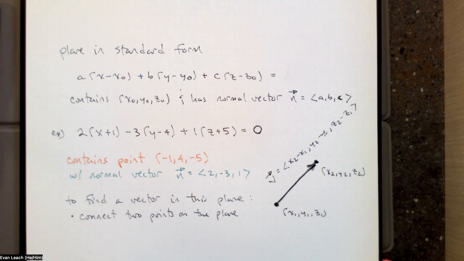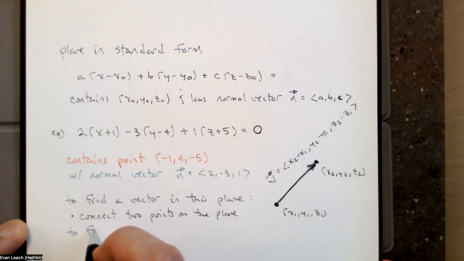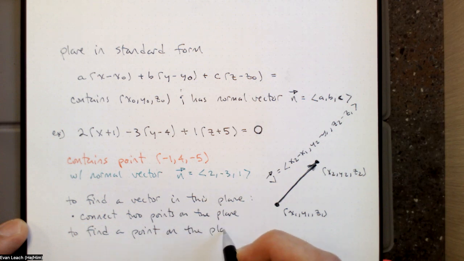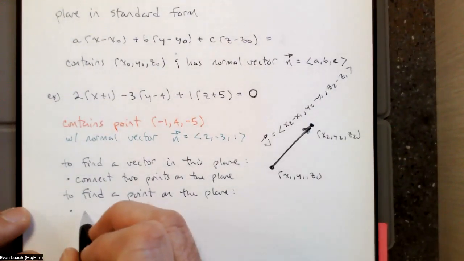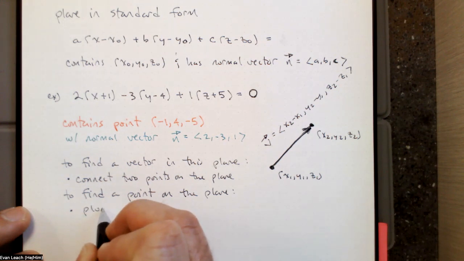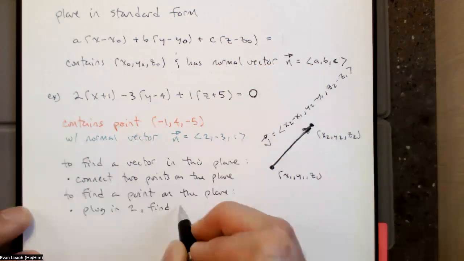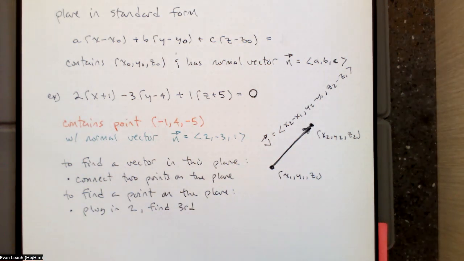So if we want to find a point on the plane, we plug in 2 coordinates and find the third coordinate.